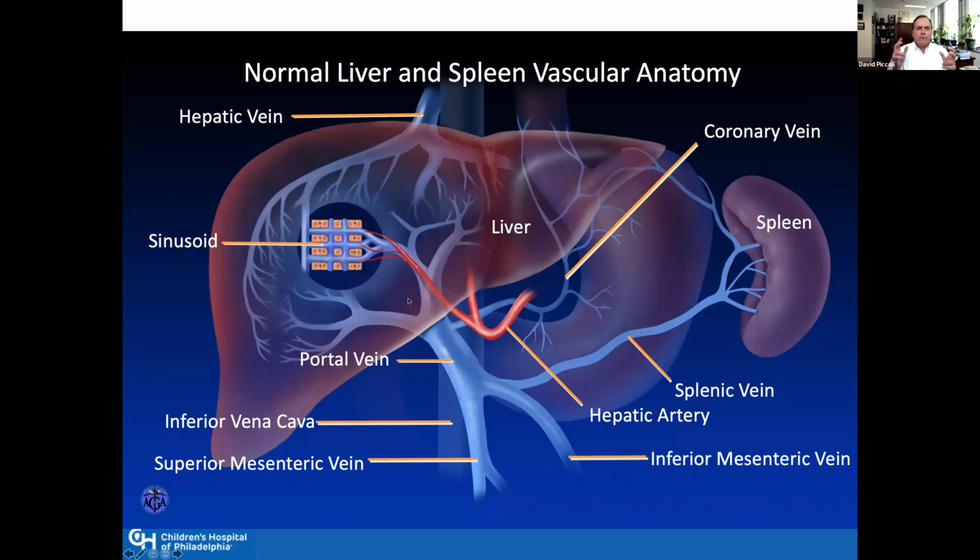The liver is one of the very few places in the body that gets blood flow from an artery and from a vein. And in fact, the venous blood flow to the liver is much greater in magnitude than the arterial blood flow. So the artery has oxygen and it's high pressure, but the vein is draining all of the gut and the spleen.